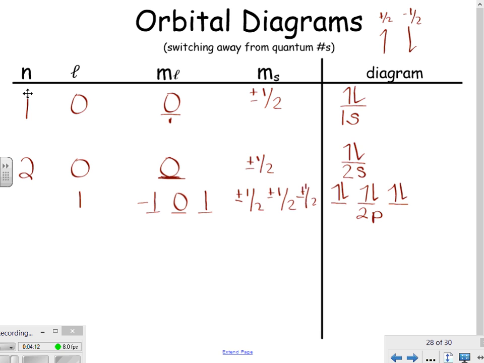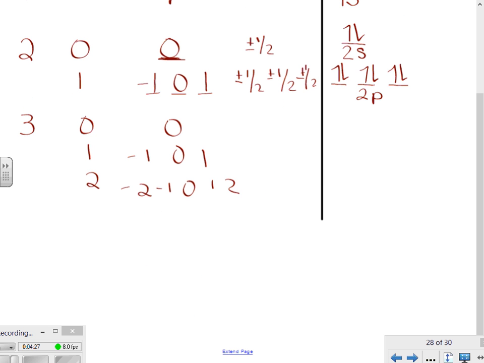All right. Let's do our third energy level. L is 0, 1, and 2. So 0, negative 1, 0, 1, negative 2, negative 1, 0, 1, 2. Let's extend this up a little bit. I'm going to stop writing electrons right now.